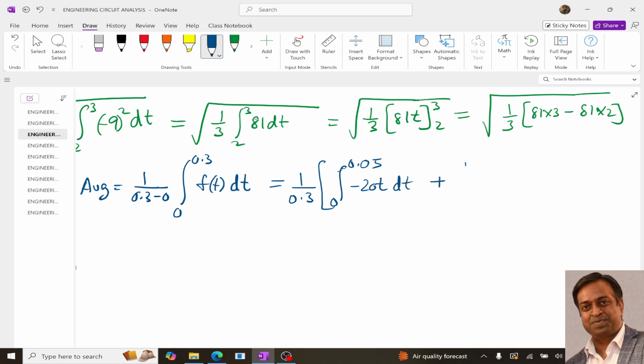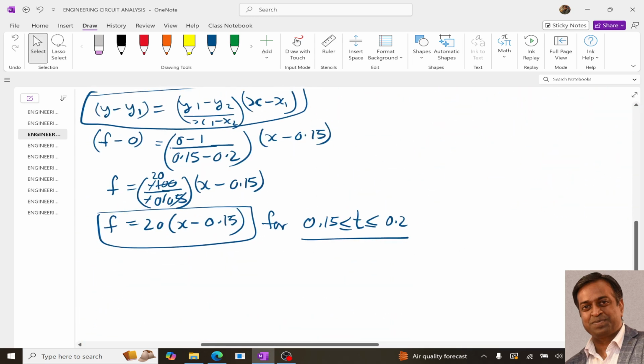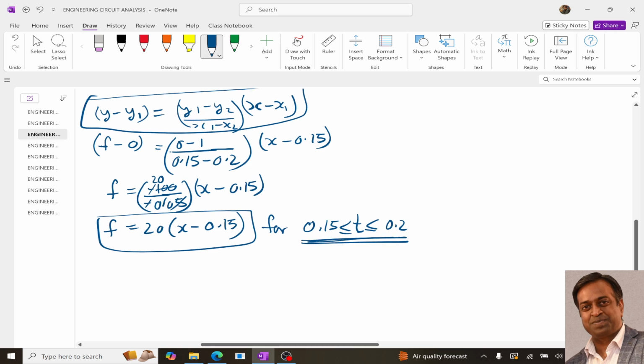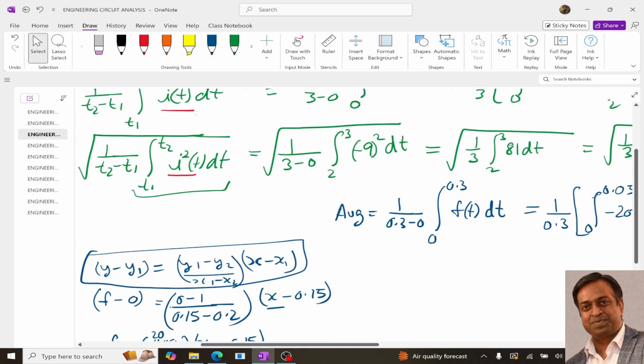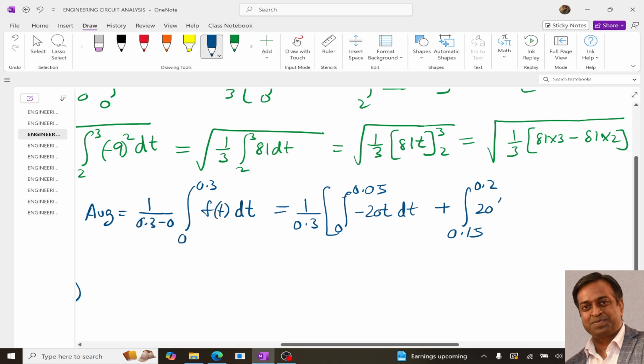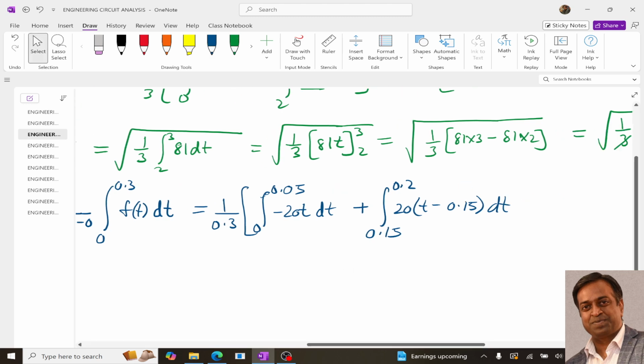Then the second is from 0.15 to 0.2, and the equation is 20, not x, t, it is t, right? So we can substitute t over here, right? So 20 t minus 0.15, 20 t minus 0.15 dt, right? So this we need to solve.